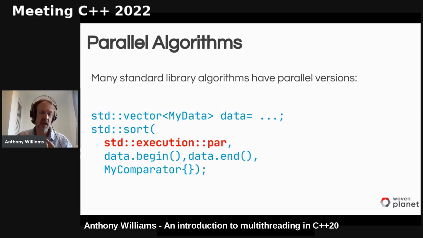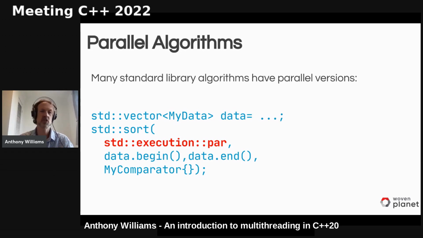Okay, so having looked at the potential speed up we can get, we then have to look at how we can do that. One way of doing that is the standard library algorithms, because they have parallel versions. You can pass an additional execution policy as the first parameter, before the standard sequential parameters.